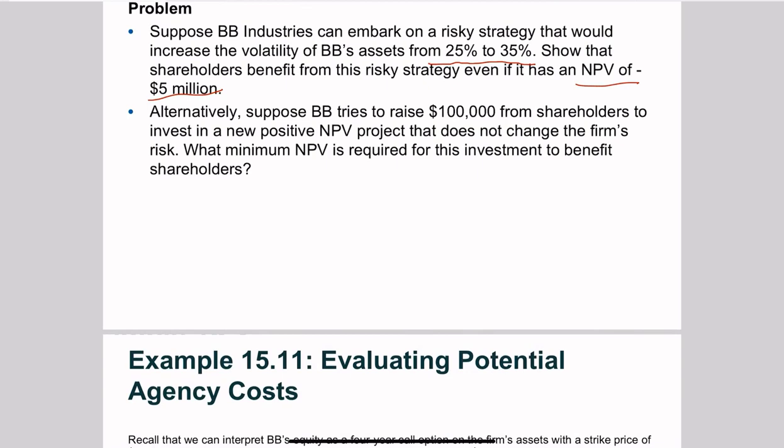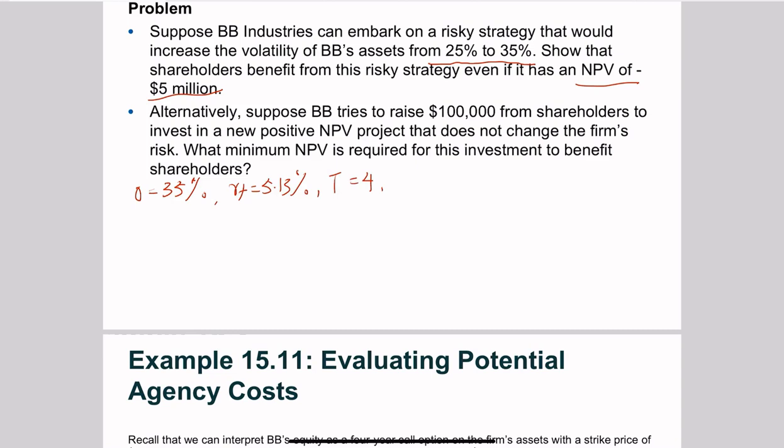So basically we will think about option valuation. And you can see that here we have volatility, which is 35%, and we still have the same risk-free rate and same T, which is 4. What else?